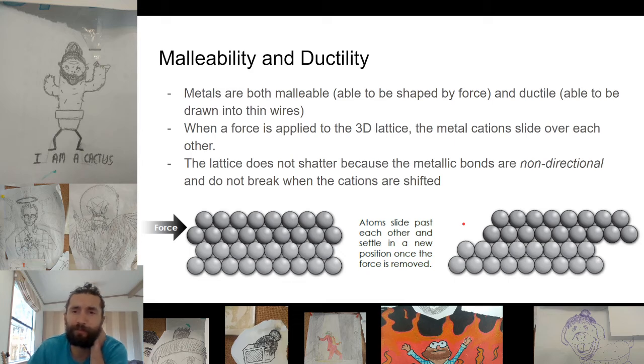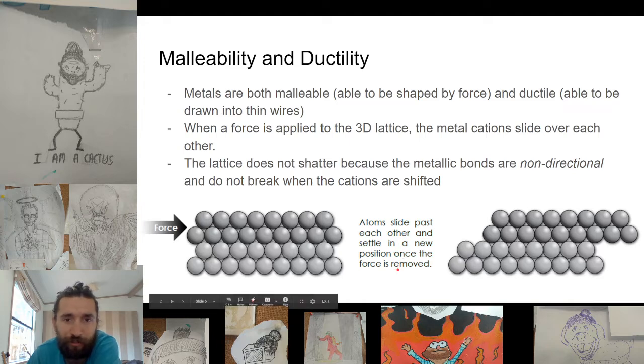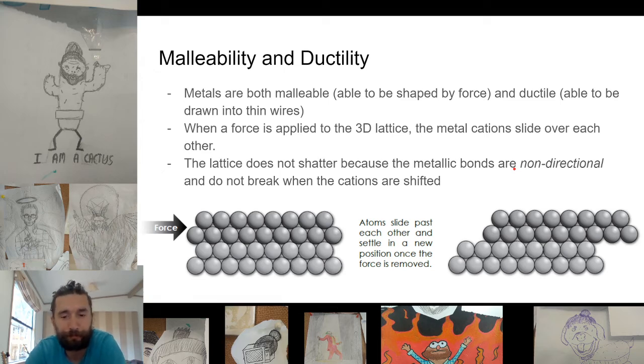If the atoms are shifted, it's just going to be attracted to another electron. So when the hammer is hit, atoms slide past each other and settle in a new position once the force is removed. And the important bit, does not shatter because metallic bonds are non-directional. We'll be looking more at that in a little while for the exam questions.